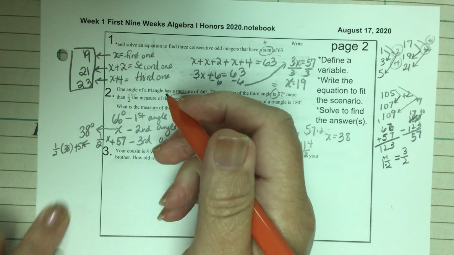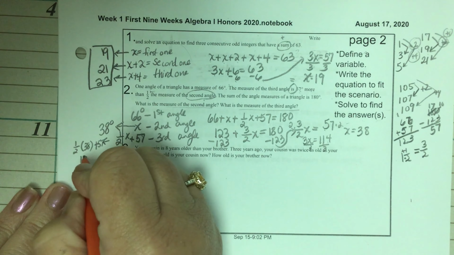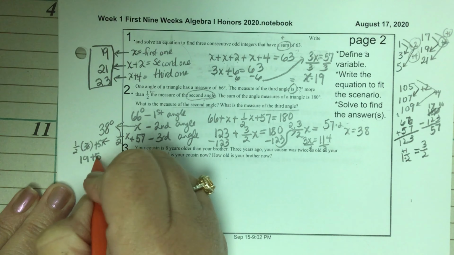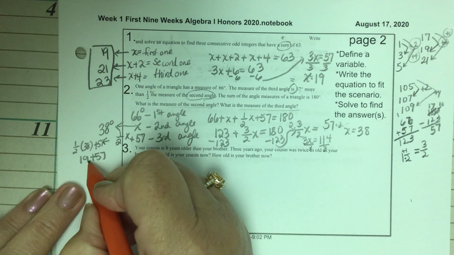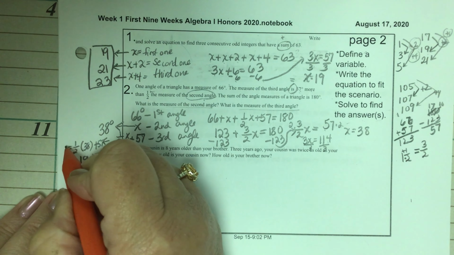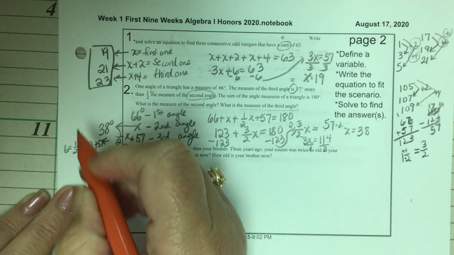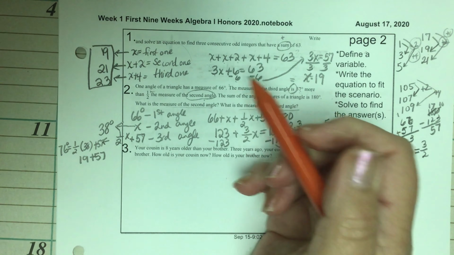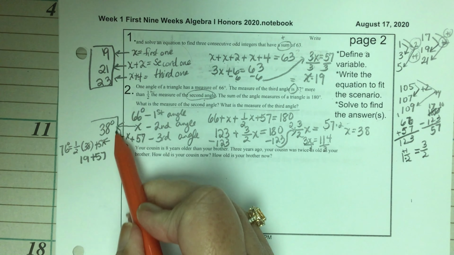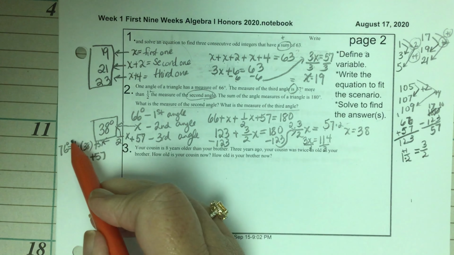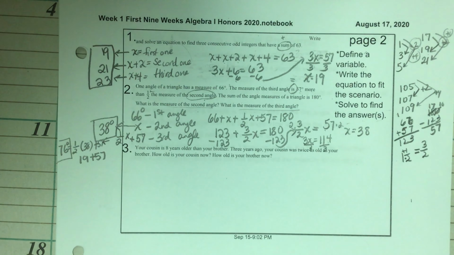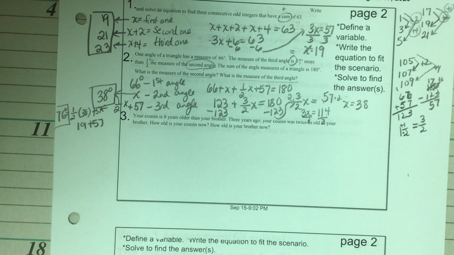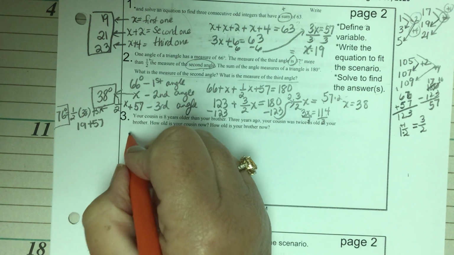So half of 38 is 19. And 19 plus 57, that's 16, 5, 6, 7, 76 degrees. So the two missing answers, what is the second angle? That's 38 degrees. What is the third angle? That's 76 degrees. I make a table for these that just helps me. This will define your variable also.